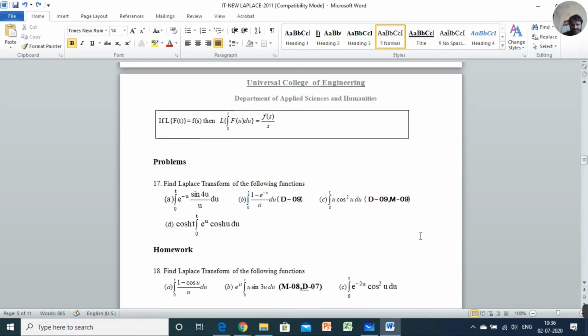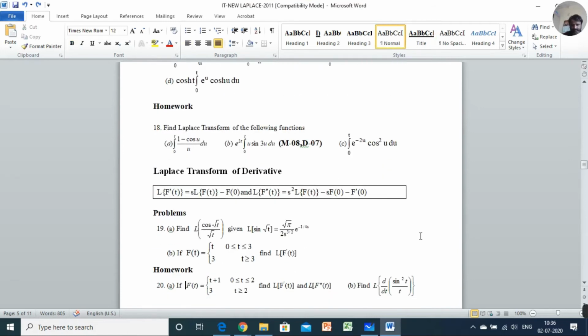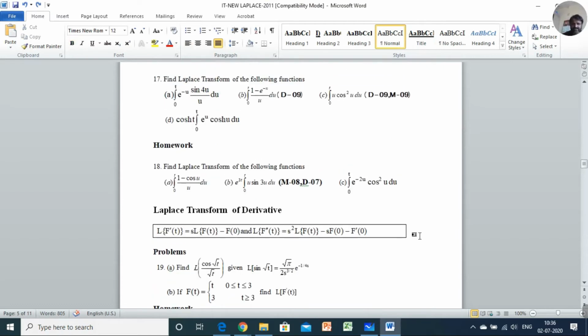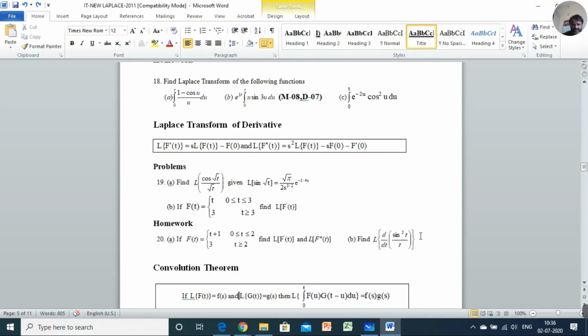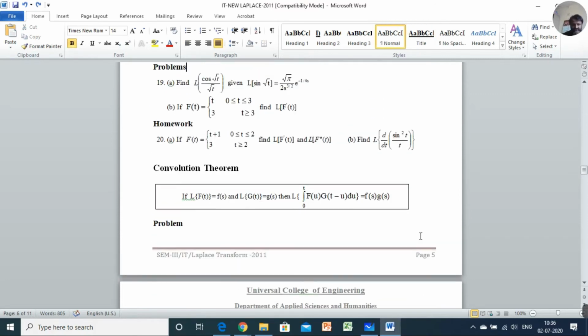We already solved near about 4 to 5 problems. Such kinds of problems will be asked in examinations, and we solved them in our lectures also. Similarly, Laplace transform of derivative is given, and we solve Laplace transform of derivative.